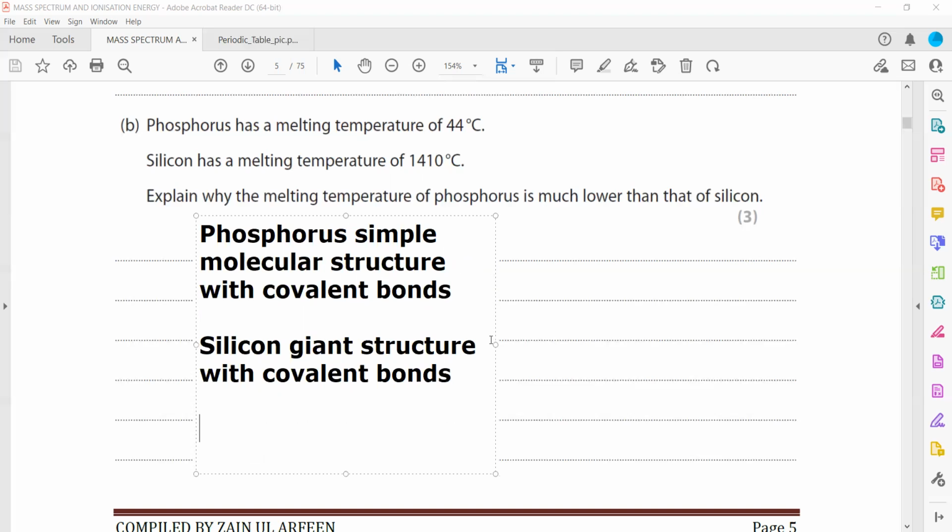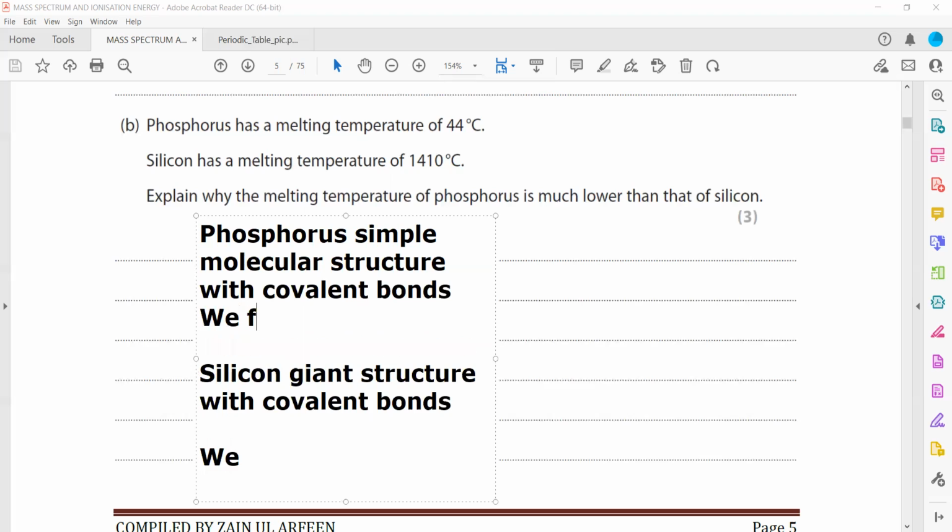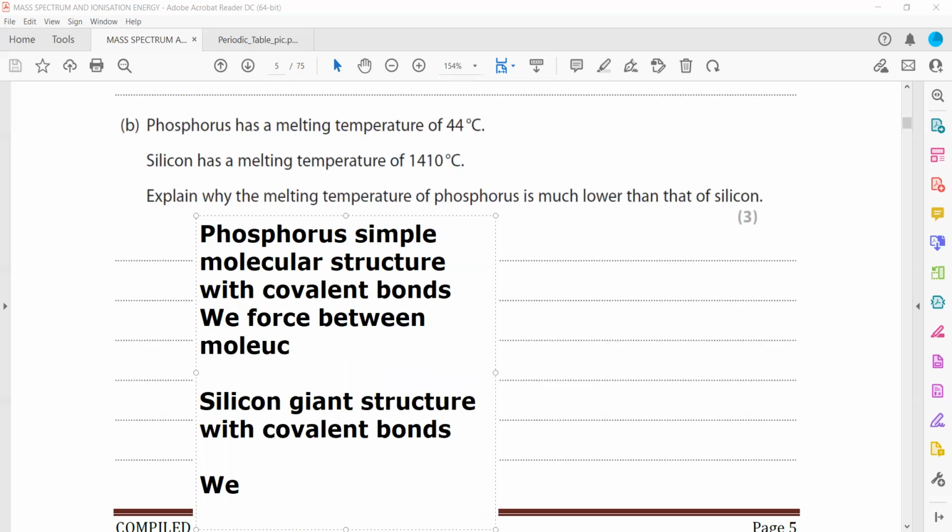Phosphorus has weak forces between the molecules, known as van der Waals forces.